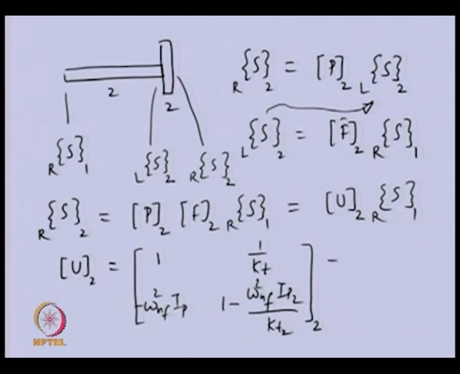This we can call the transfer matrix. Now, you can see that this particular transfer matrix contains the stiffness of the shaft, the mass moment of inertia of the disc, the polar mass moment of inertia of the disc, and the natural frequency. Now, we have developed the transfer matrix for free vibration.